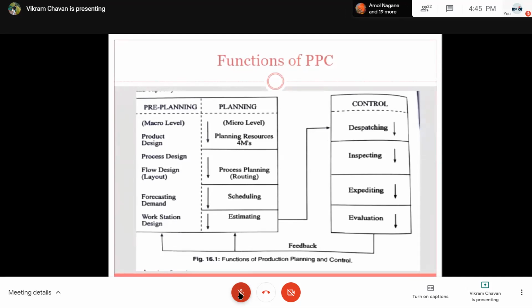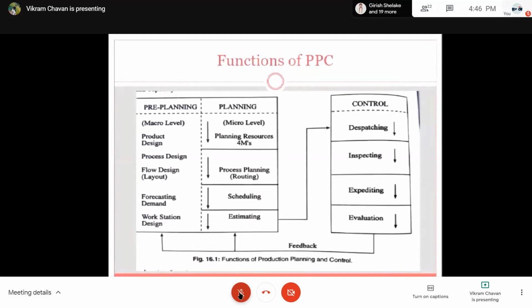So this pre-planning function of the PPC is concerned with decision making with respect to methods of manufacturing, which kinds of machines should be used, and what type of workflow is required, with respect to the availability of capacity or the scope of the product in the future.